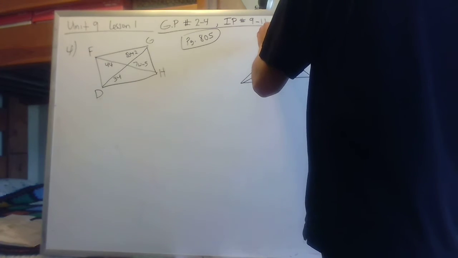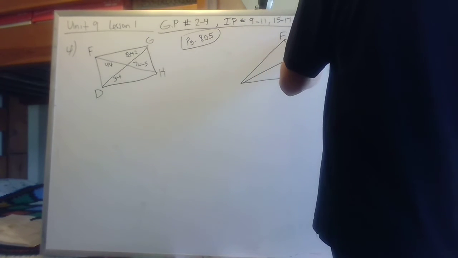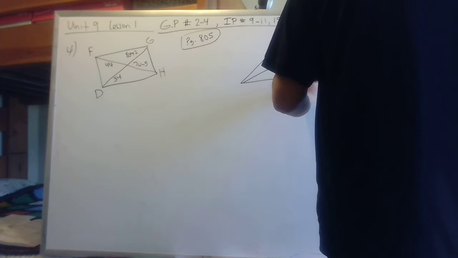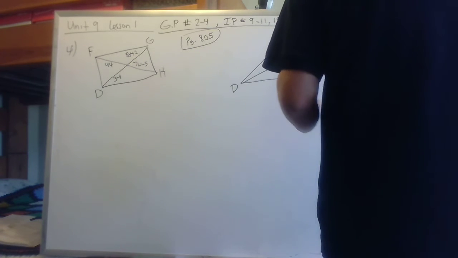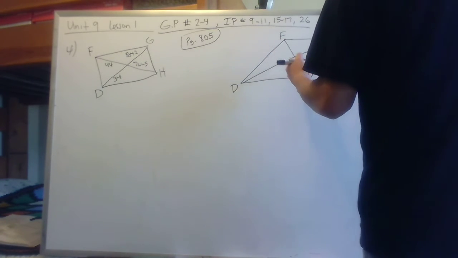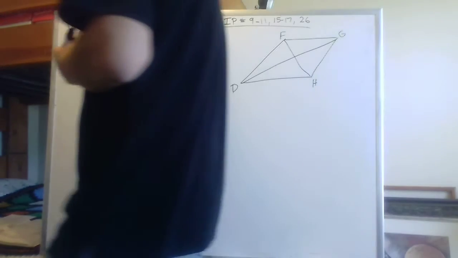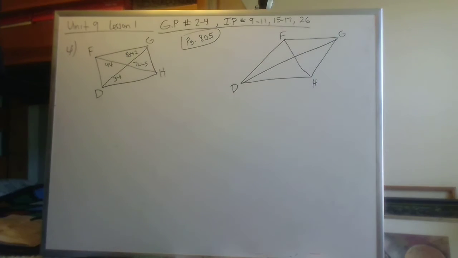If we have a parallelogram, I'm just going to label it F, G, H, and D. Essentially, if you have diagonals connecting the opposite sides, we know that there's going to be some congruent parts to it.